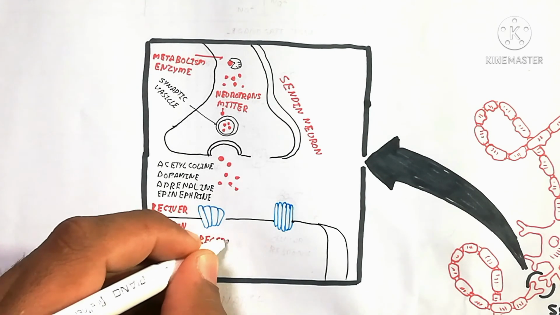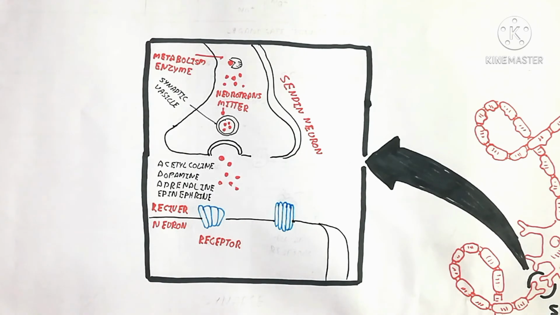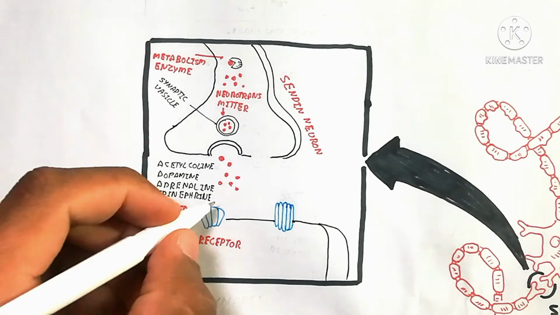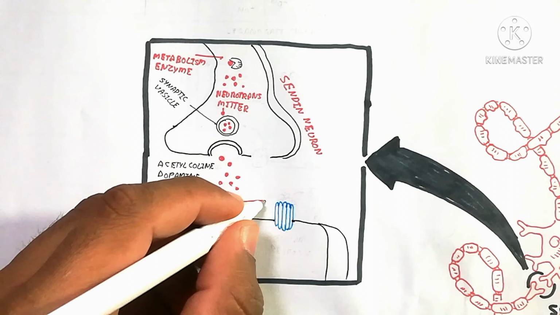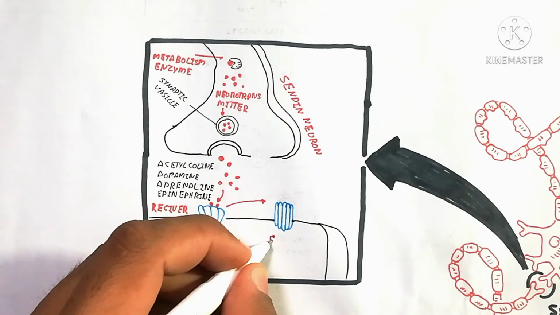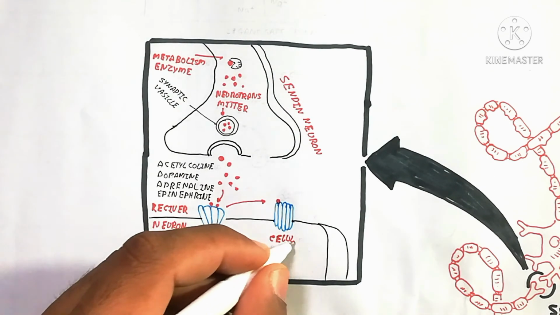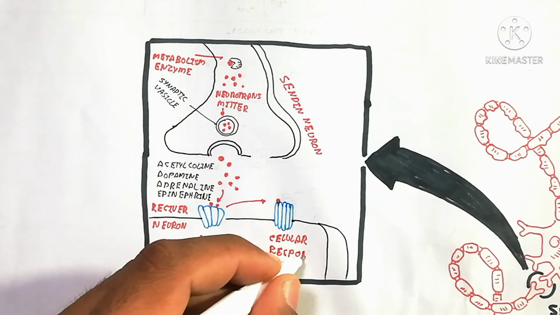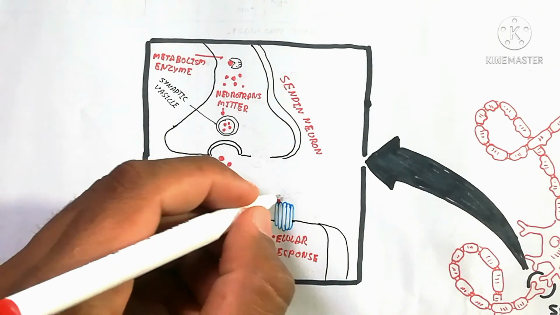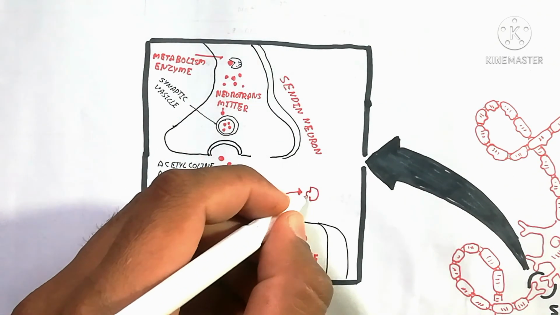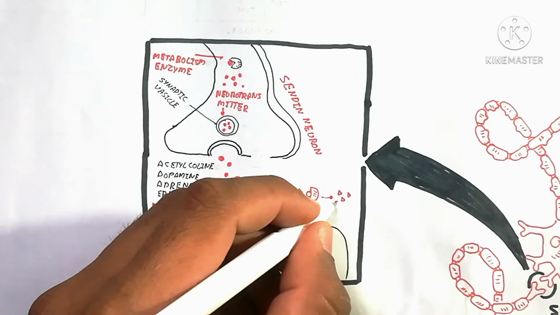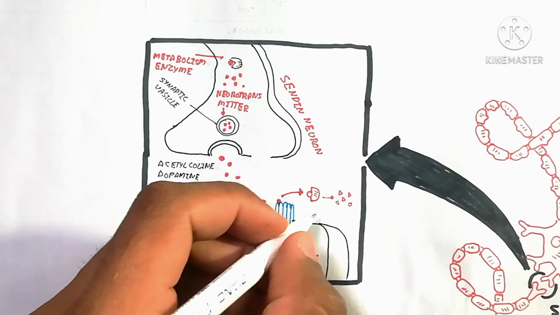How is it possible? Because in the next neuron, 3 sodium ions come in and 2 potassium ions come out, and this gives a trigger to the next neuron, and that is known as the synapse, and the action potential will be generated.